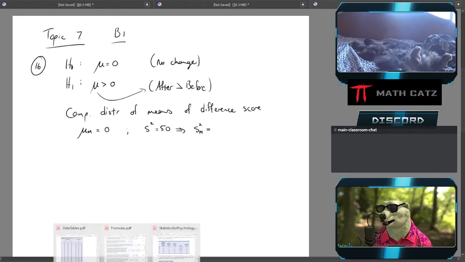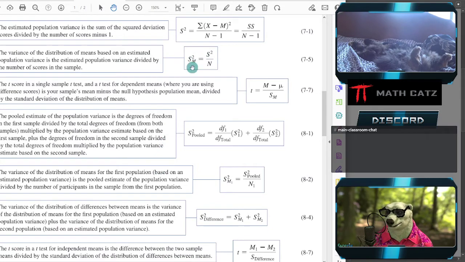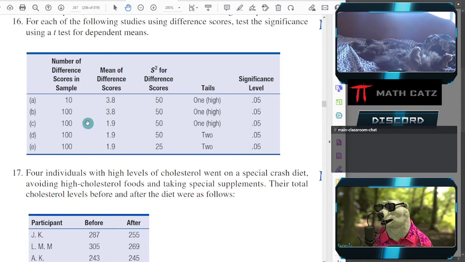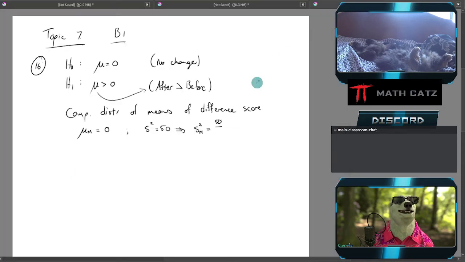So remember the formula up here, same for the approximation as it is for knowing it exactly. Take the variance, sorry, I keep saying standard deviation. Usually we have standard deviation. In this case, we have variance divided by the sample size, which I don't remember. It is 10, a sample size of 10.